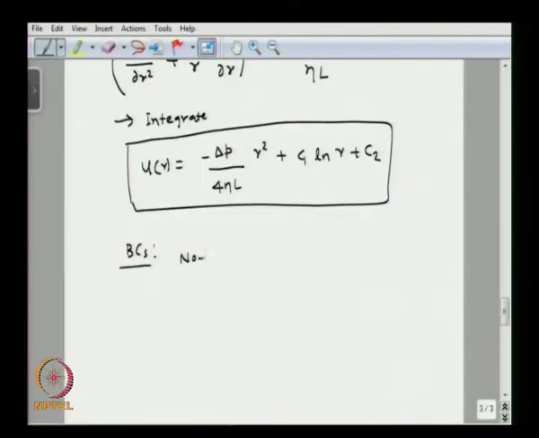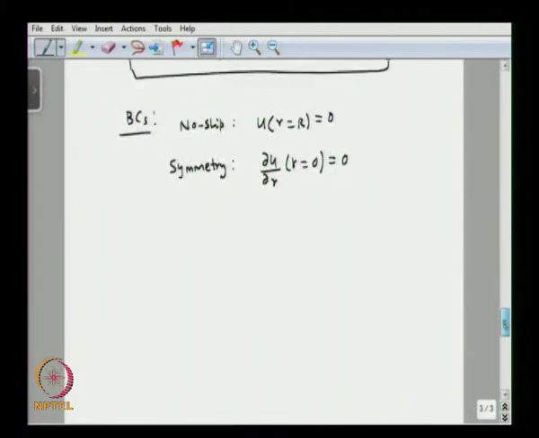The first one is no slip, which says that u at r equal to R is 0. The symmetry boundary condition says del u over del r at r equal to 0 is equal to 0. So these are two boundary conditions.